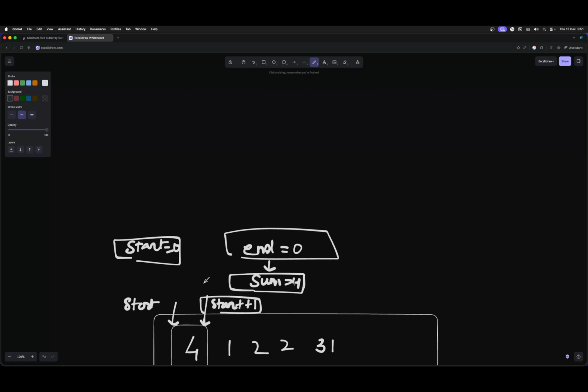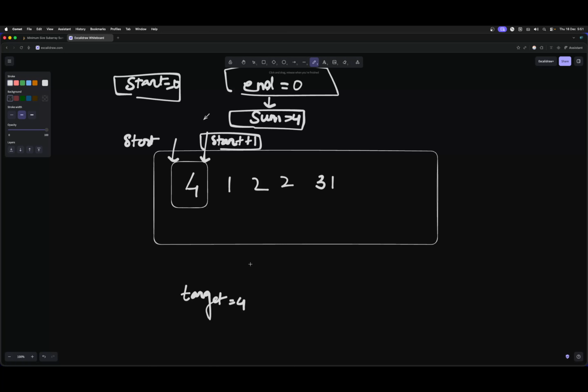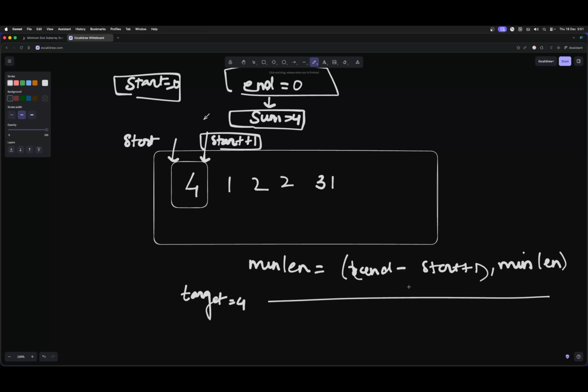For example, people sometimes use this formula: min length is equal to end minus start plus 1, and we also take the minimum length over here.